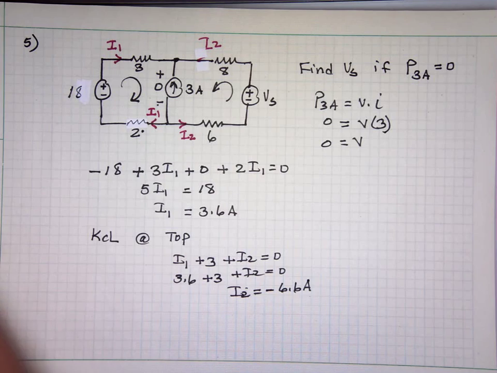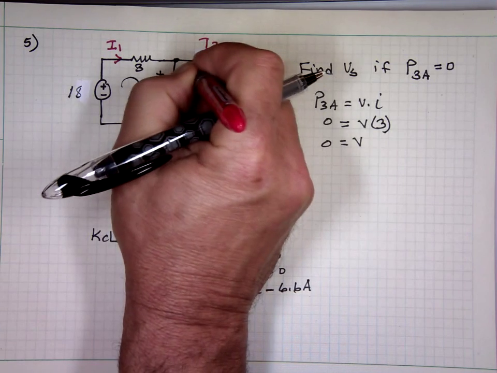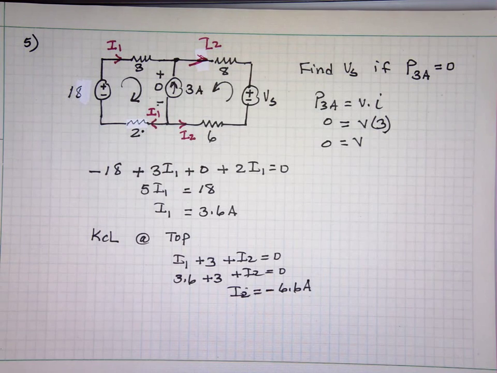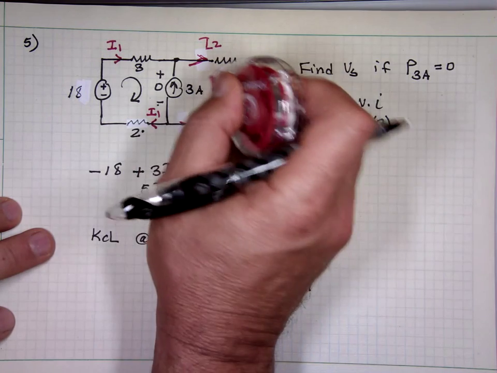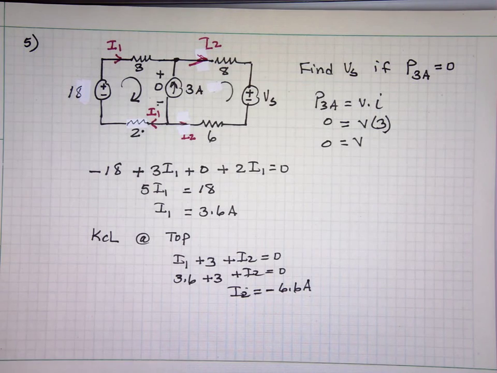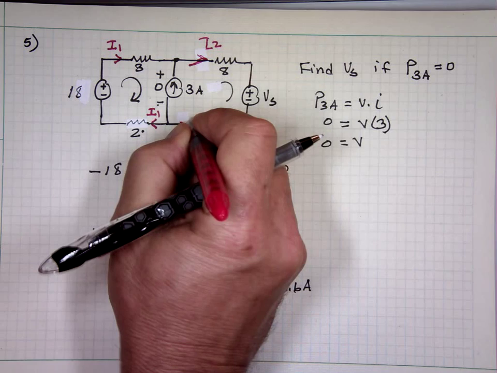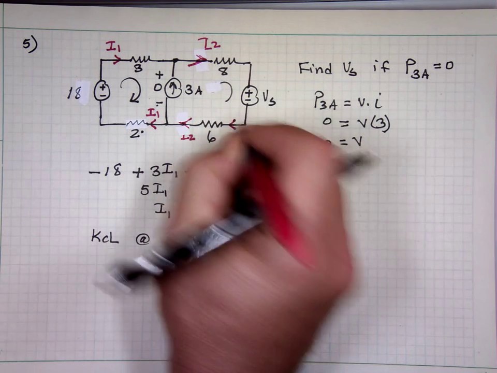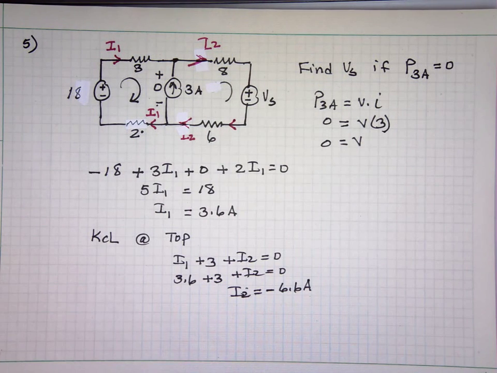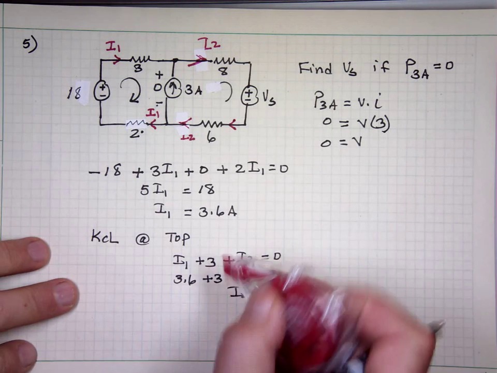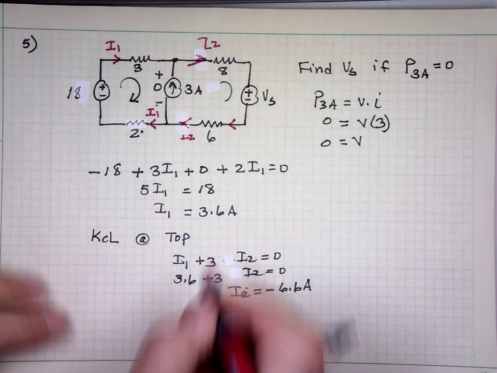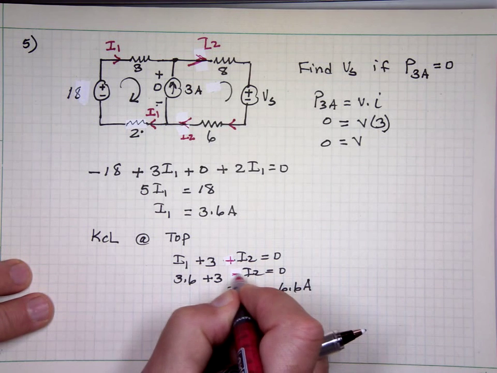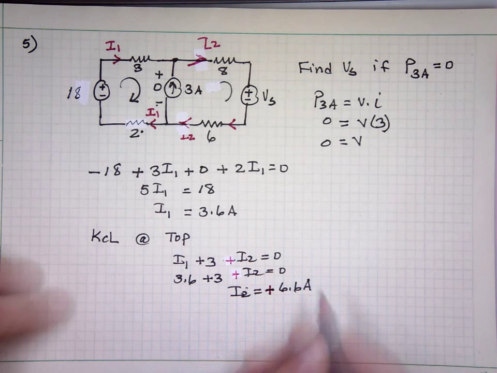It's going to make that equation wrong, so I'll correct the equation too. It's going to go this way. This now makes this one a plus, and makes that a plus, because I changed the direction of it.